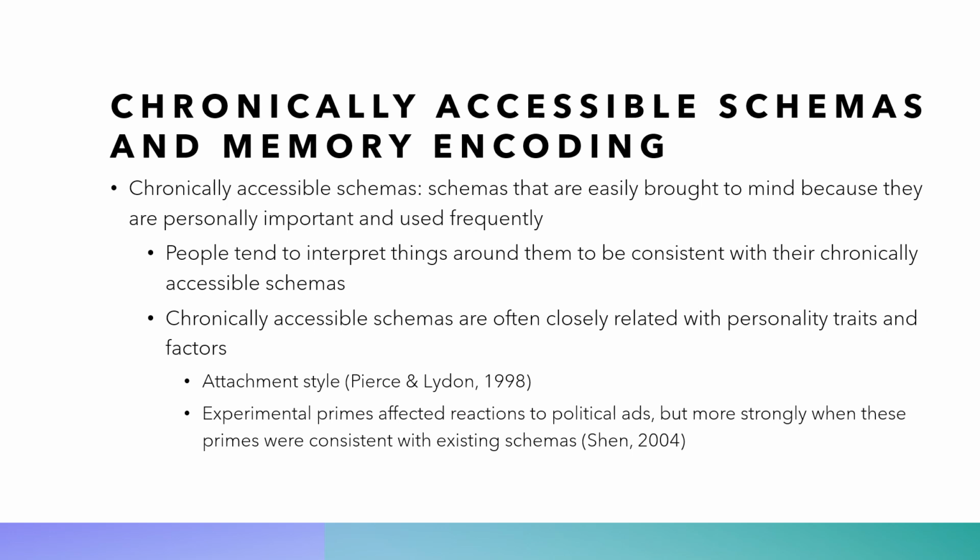That prime would have activated a schema of Joe Biden being okay, where Democrats are acceptable sometimes. And then maybe you would rate him as a little bit more positive than you would have if you hadn't seen that prime. But you can imagine that if you hate Joe Biden and then you see an ad just talking about how Joe Biden sucks, that's probably going to push you in the other direction far more strongly because it's already consistent with how you feel.